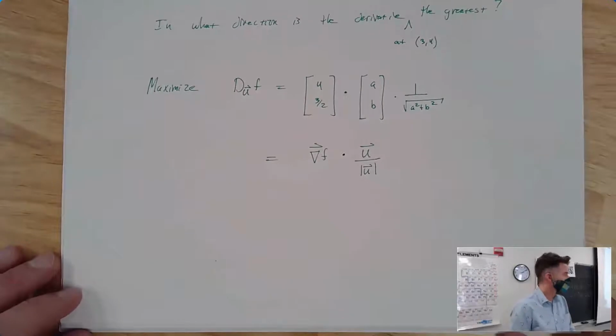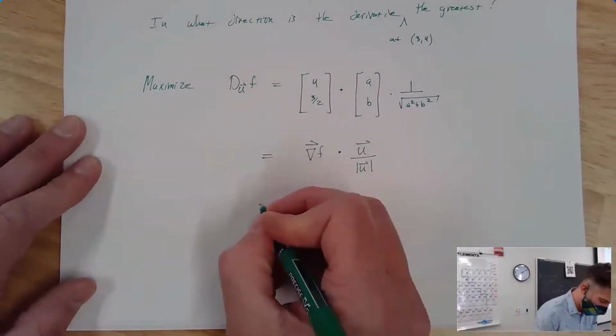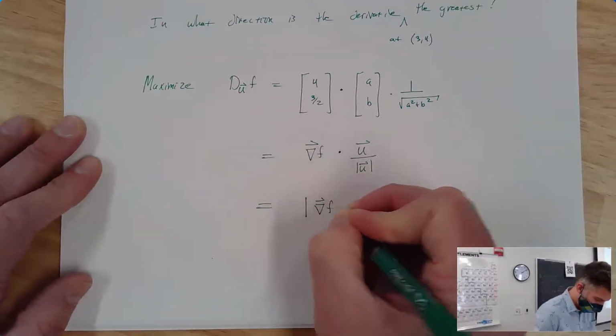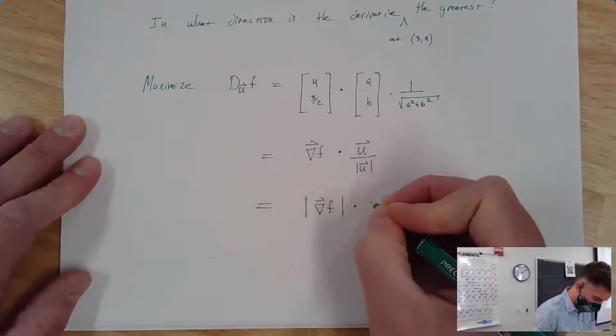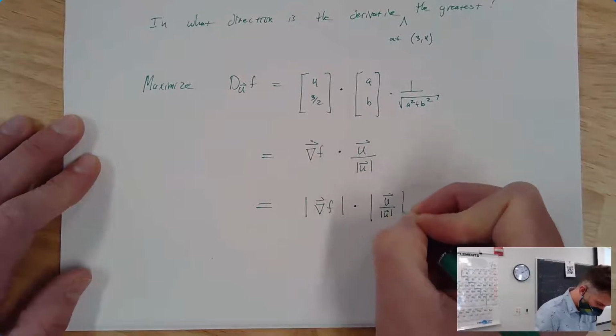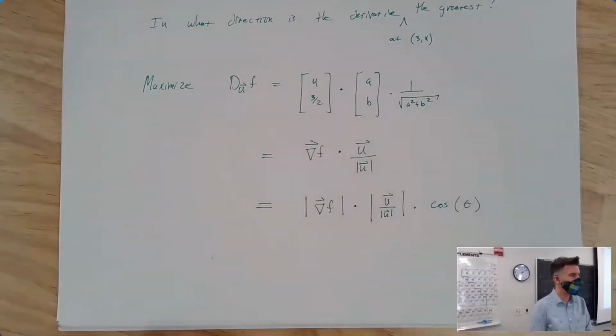Another way to find the dot product of two vectors is to remember it's the magnitude of the first vector times the magnitude of the second vector times cosine of the angle between them.